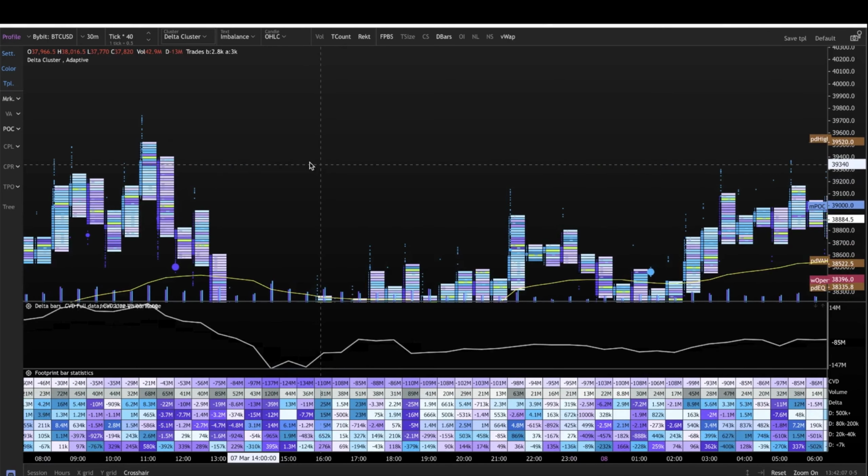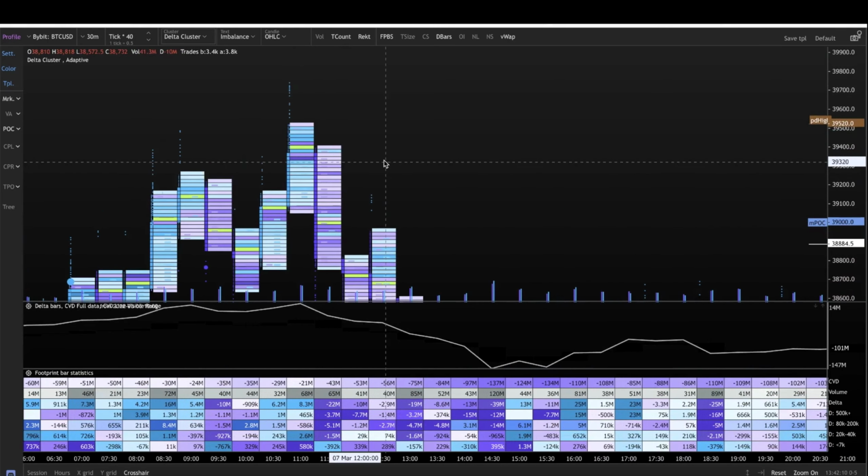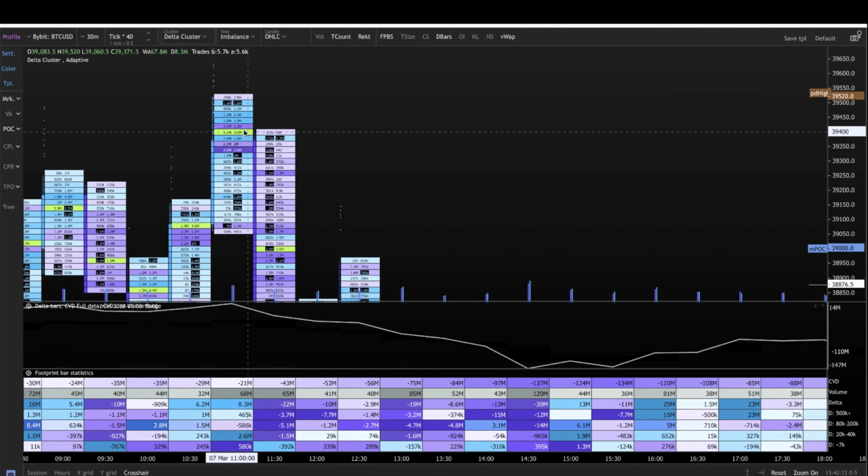We can see right here, we have a point of control, which means there was a lot of volume that was transacted right here at about 39,380, give or take. And we can also see in the top of this candle, we have a lot more volume that was transacted up here because of the darker shading.